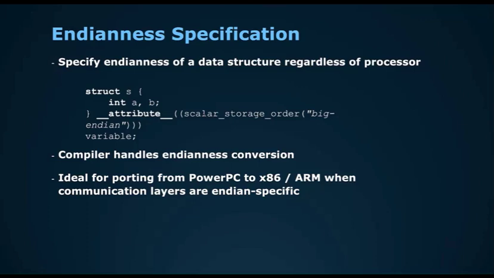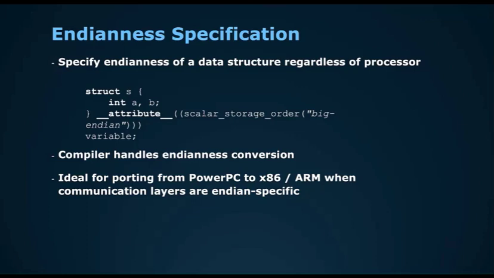There's another application where this is particularly useful outside of, let's say, porting from one architecture to another, and it's when you're on a little endian system and you have big endian network interfaces. So those who are familiar with 1553 or even Ethernet, that's a big endian interface. So you would want to specify any struct or record which is getting put out on those interfaces.